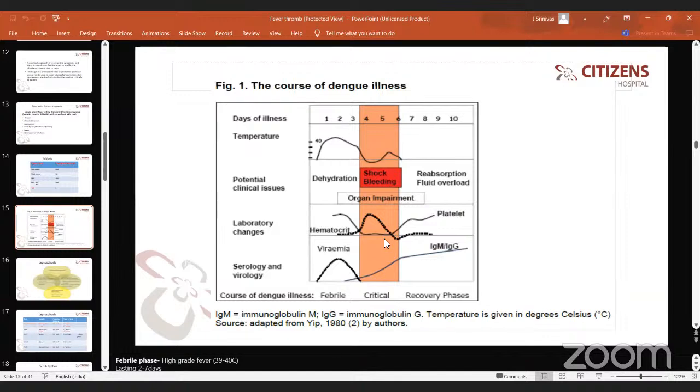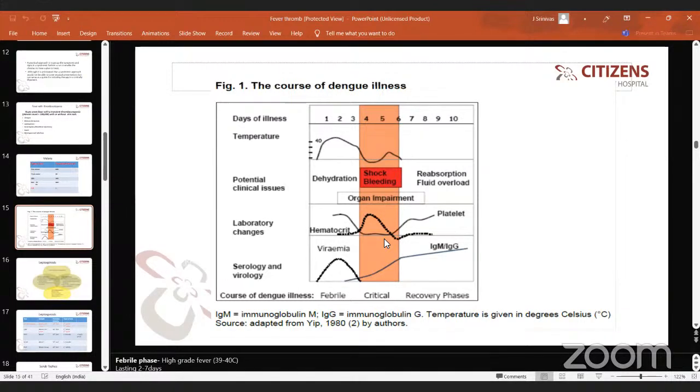Usually it takes 4 to 5 days. So there is a crucial period where NS1 is negative and IgM is also negative. There is a little difficulty, so take a careful history, and we can repeat the IgM test if the patient is in 4 to 5 days of fever, after 2 days.